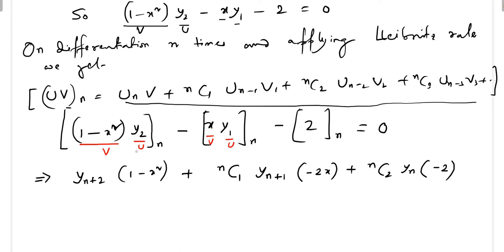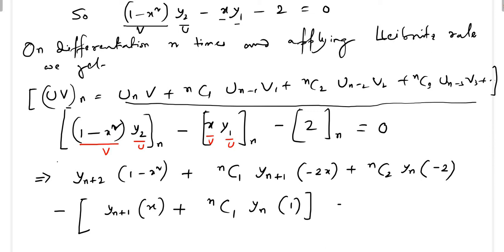After that, all the derivatives will vanish due to the term minus 2. So this is done. After that, second term is yn plus 1 into x, so minus, there is a minus sign, plus nC1 yn into 1, and then there is nothing, equal to 0, because derivative of 2 is 0.